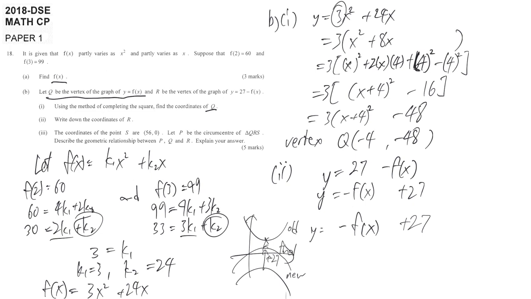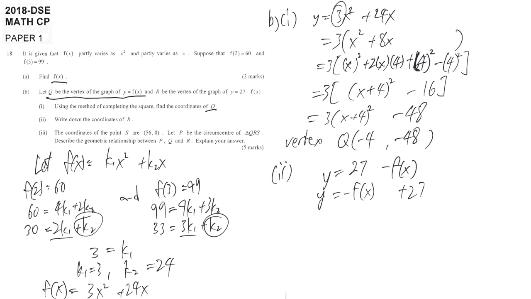That means we may just focus on the vertex. We do similar things for the vertex. First, we flip it upside down. We reflect it along the x-axis. So vertex Q is (-4, -48). Vertex of y equal to -f(x), we just change part by part, is -4, and then we swap it upside down, so the y coordinate will be affected and it becomes +48.